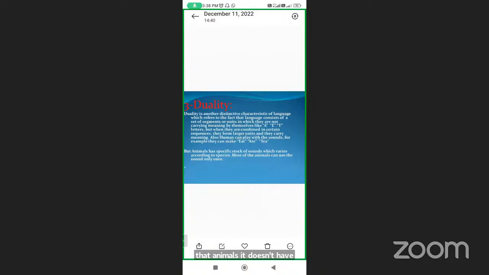See, I have made some examples over here. A, E, T are letters, but when they are combined in certain sequences, they form larger units and they carry meaning. Also, humans can play with the sounds. For example, they can make eat, at, tea.